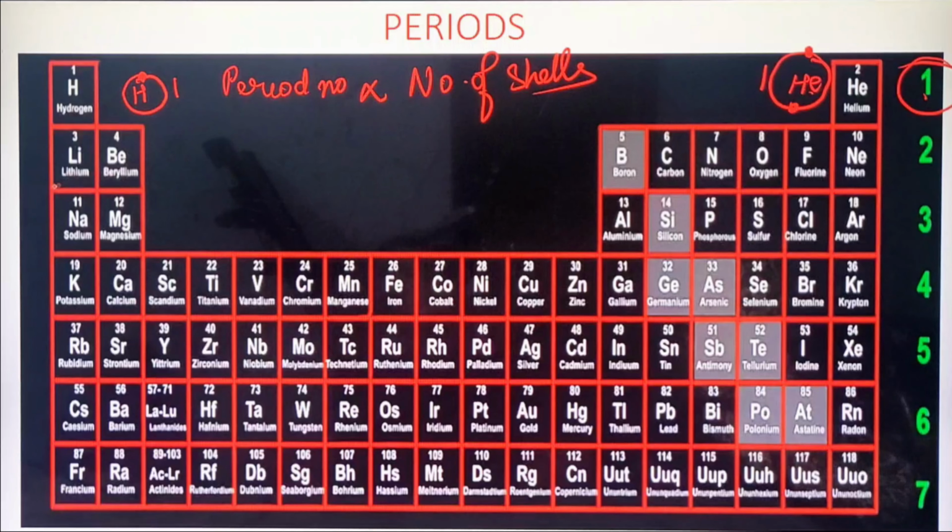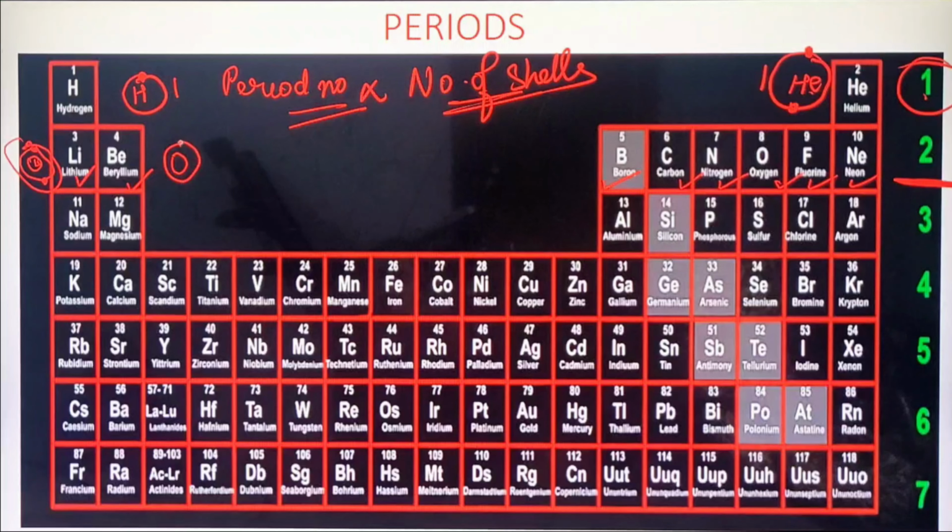For example, if you look at lithium, beryllium, boron, carbon, nitrogen, oxygen, fluorine and neon, they belong to period 2. Now we know period number is directly proportional to the number of shells. If you have a look at lithium, lithium is having 2 electrons in the first shell and 1 more electron in the second shell.